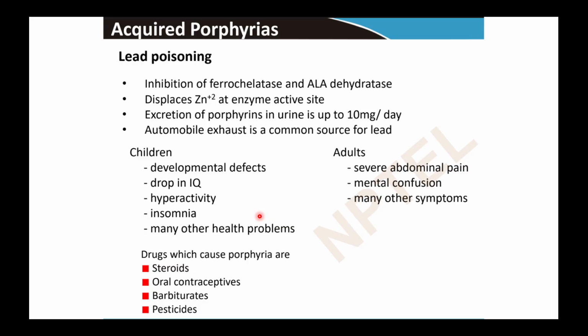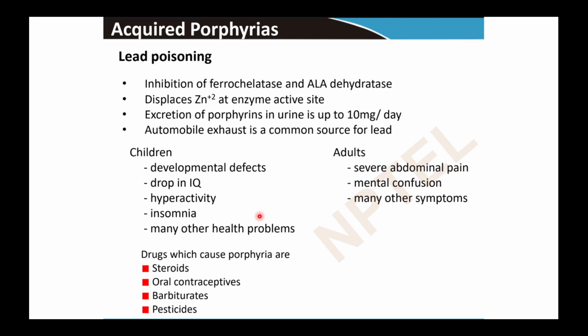Inhibition of both of these enzymes can lead to defective heme synthesis. Lead can actually displace the zinc ion at the enzyme's active site. If you remember, ALA dehydratase has zinc ions in the active site, right? So lead can replace that zinc ion, leading to inhibition of the enzyme.